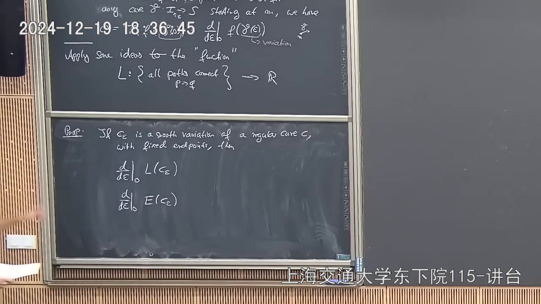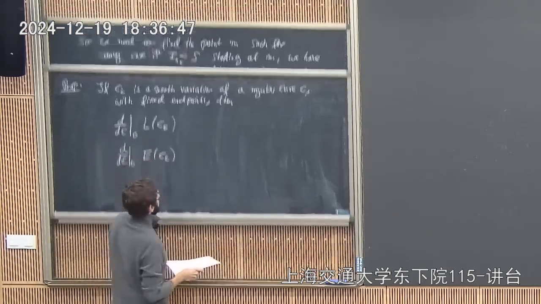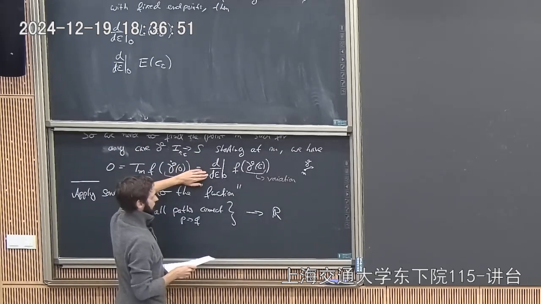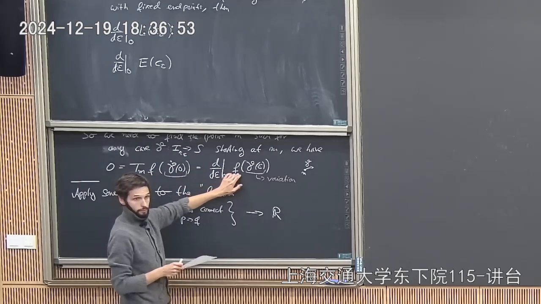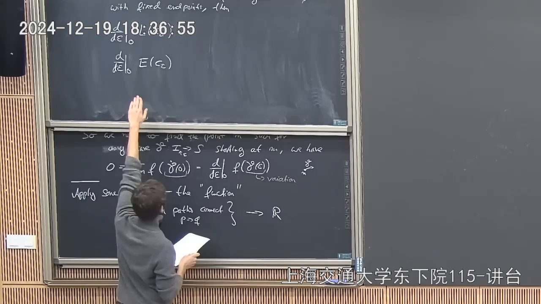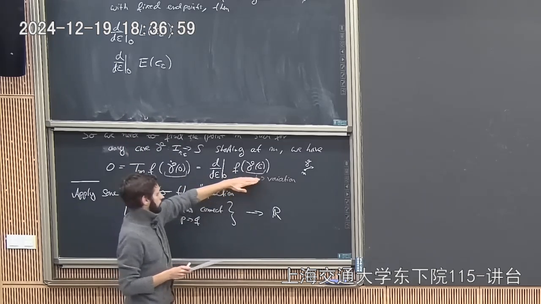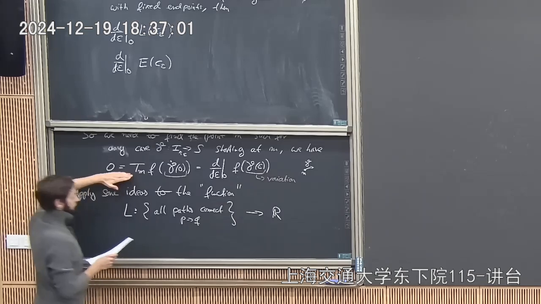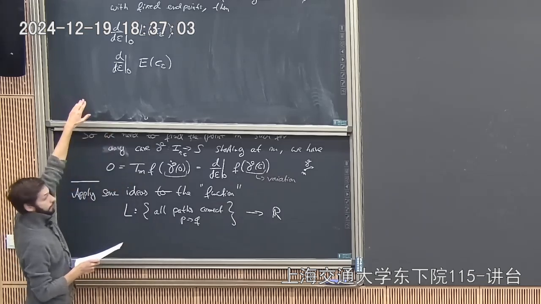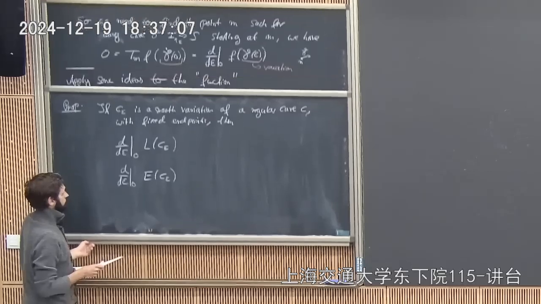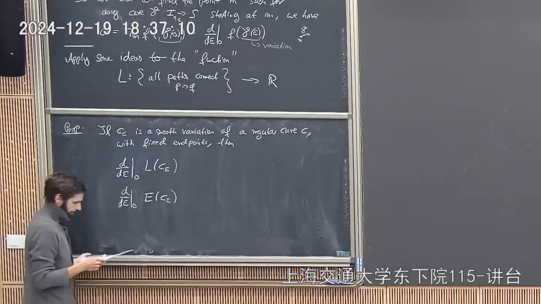So that's very similar to up here. It's exactly the same kind of formula. We have d by d epsilon of the function that we want to minimize. In this case, it's the length and the energy of a variation. It's exactly the same kind of principle. And then to find the minima, in the next step we will set it to 0. But first, we have to calculate what these expressions are.